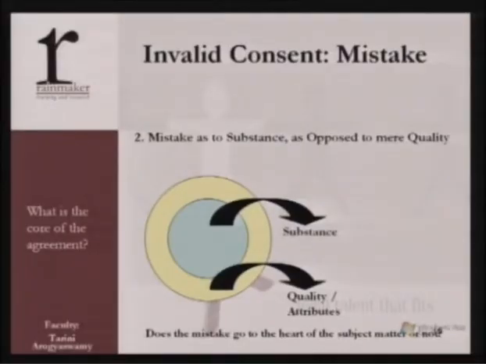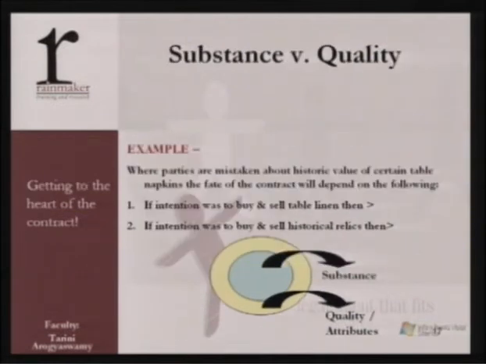Mistake as to substance as opposed to mere quality. The mistake must go to the heart of the subject matter. An example would be, if parties are mistaken about the historic value of certain table napkins, the fate of the contract will depend on the following. Did they make a mistake as to substance?